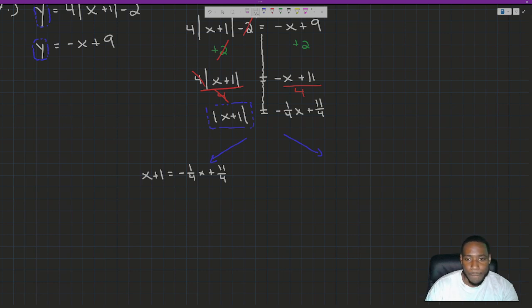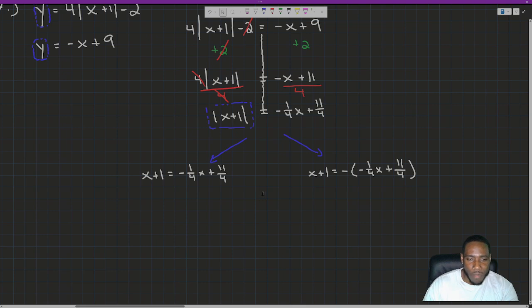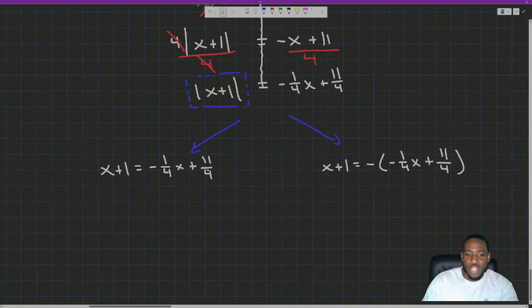Or we could say x plus 1 is equal to the negative of 1/4 x plus 11 over 4. Okay? Just like before, where I'm considering the positive and the negative version of whatever numbers I'm looking at, I'm doing the same thing here. It's just that it's an expression instead of a number value. And we're allowed to do that. We're still going to get the solution we're looking for. It just takes a little more work.